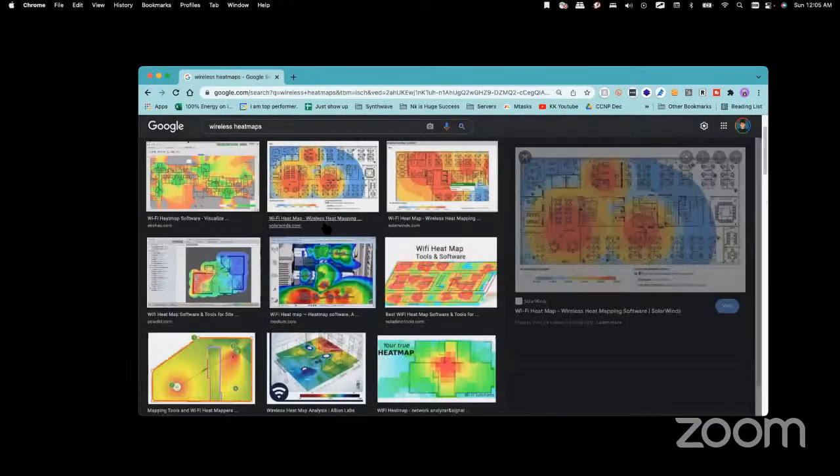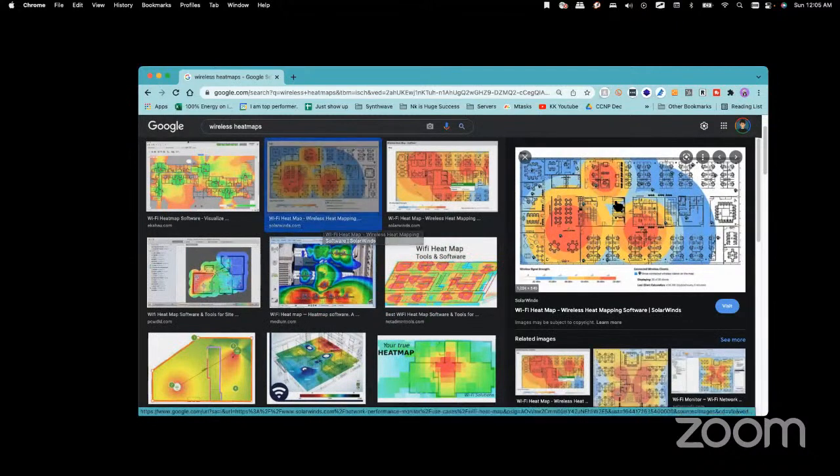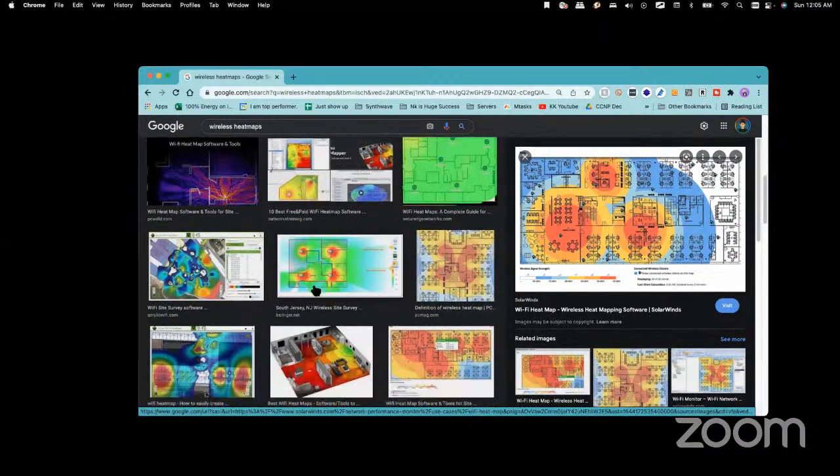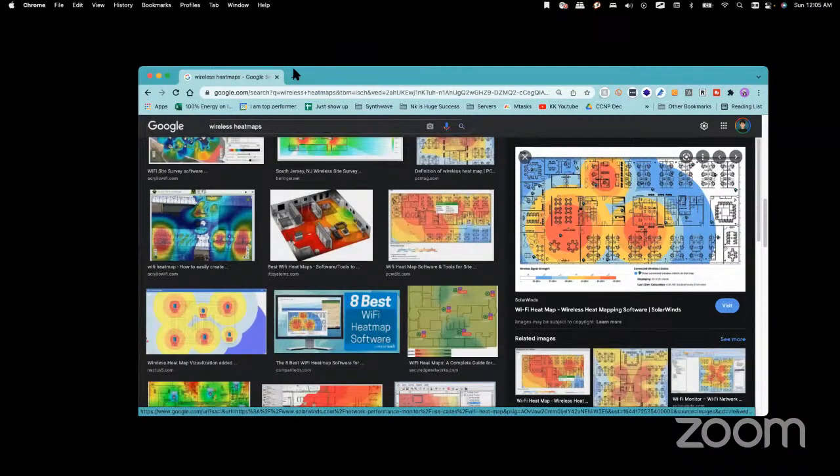So basically, for the survey tools, you have to Google wireless heat maps. Heat maps are basically used when we are designing a floor, where we are going to deploy the wireless devices. We are going to create a map, and the best software to create this, earlier it was Cisco Prime.